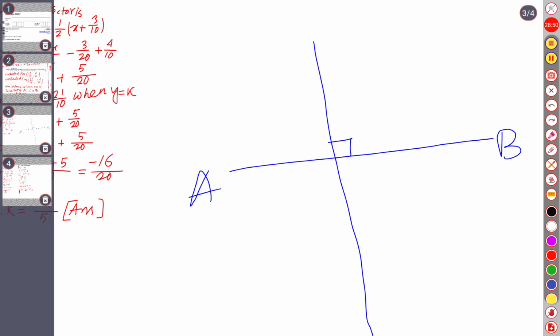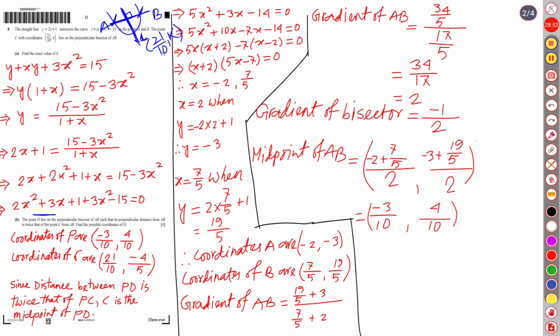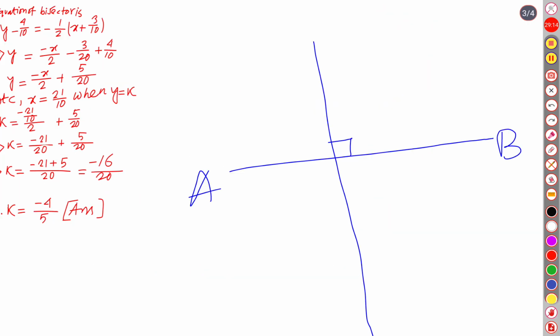Let us write the coordinates of AB. Coordinates of A are -2, -3, B is 7 over 5 and 19 over 5. But what do we need? We need the midpoint of AB, because it is all about the perpendicular bisector. The midpoint is negative 3 over 10.